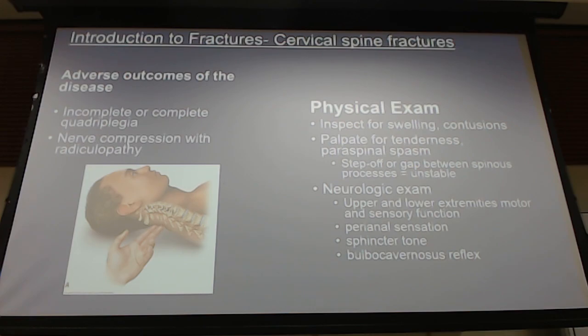Perianal sensation, sphincter tone, the bulbocavernosus reflex. We'll talk about it briefly when we get into fractures of the lumbar spine. Okay. But you have to make sure you test those reflexes. When we do the labs tomorrow, we'll talk about some of the reflexes in the foot and ankle, right? The Dinster reflex and the Achilles reflex.